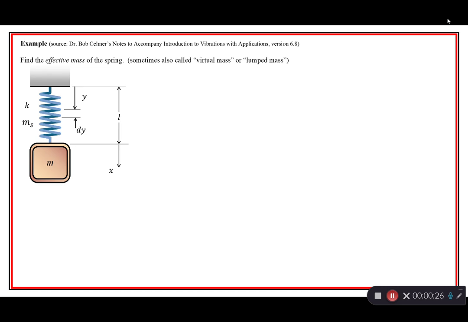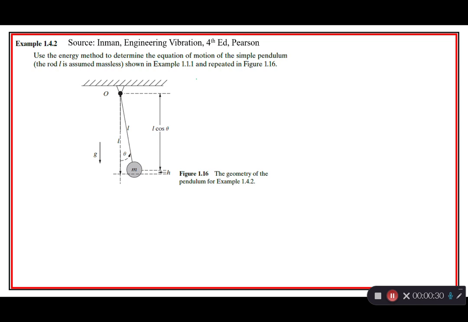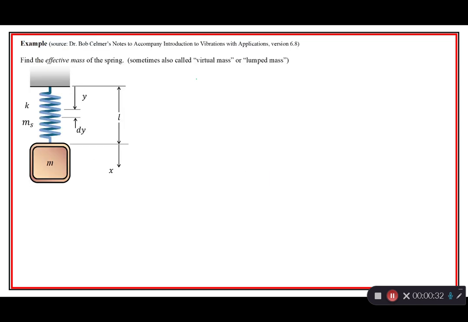So we know that the kinetic energy basically is 1/2 m, and we're going to call something the effective mass, x dot squared, right?